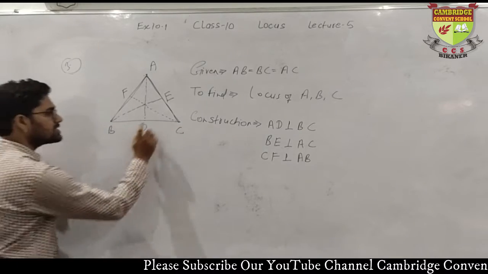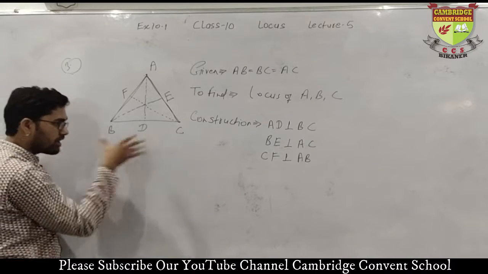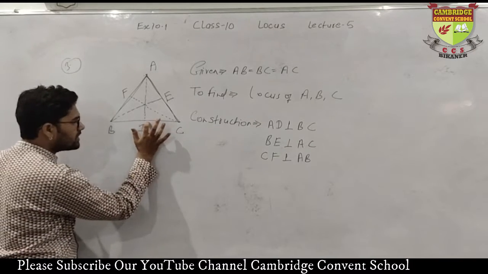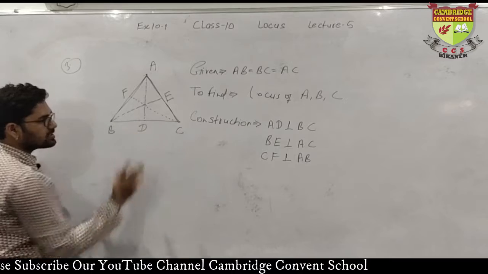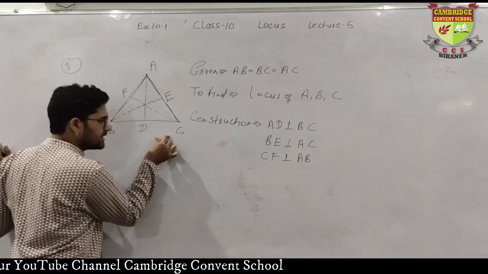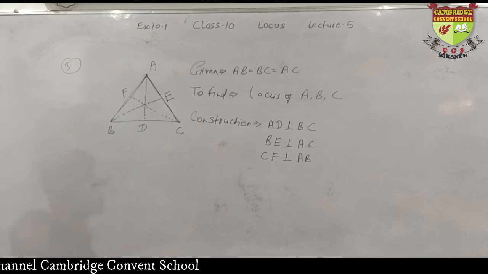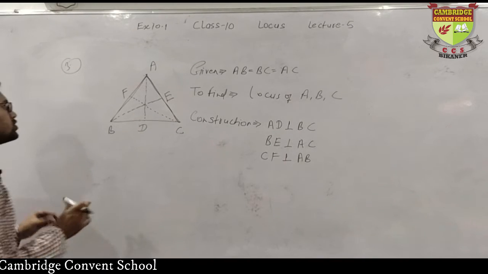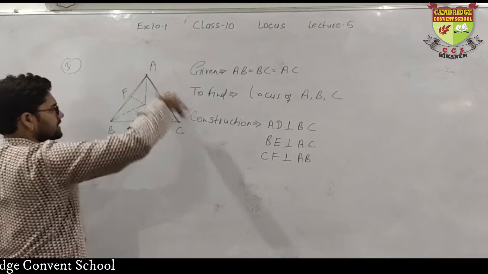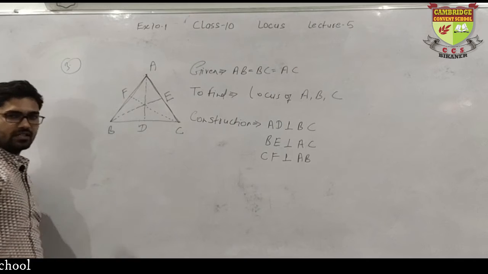That means this point D will bisect BC, or I can say because of D, BC is divided into 2 equal parts, BD and CD. BD is equal to CD. This is what I want to say, right? So I know that BD and CD are equal.